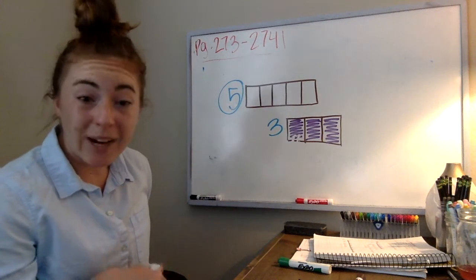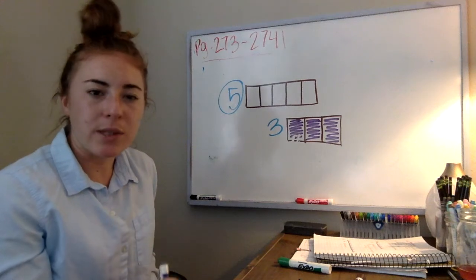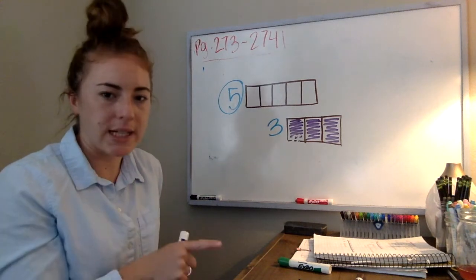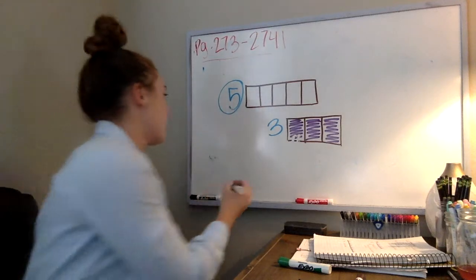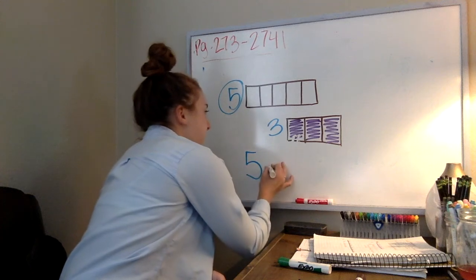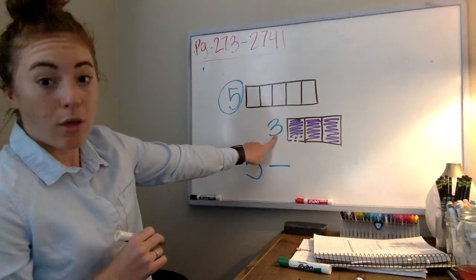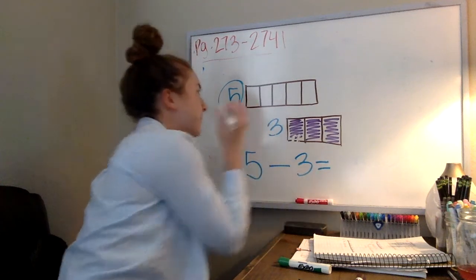So we're going to write another number sentence. So what number do we start with? We start with our longest rectangle. And what's our longer rectangle? 5. So we start with 5. And we say 5 minus 3 equals.